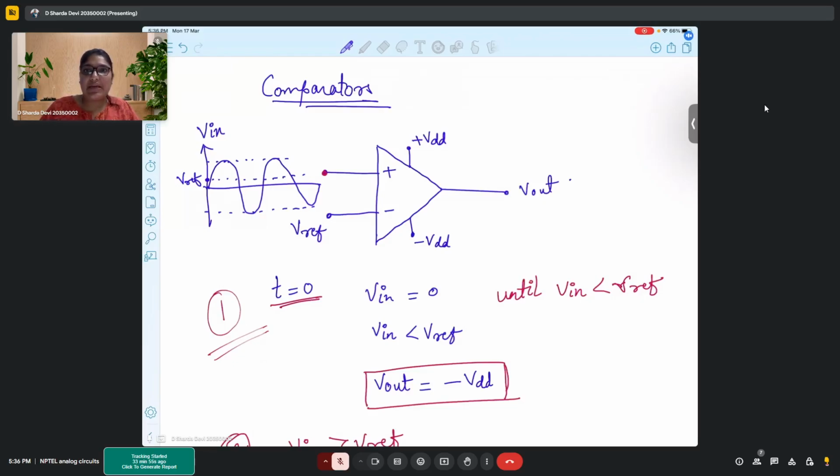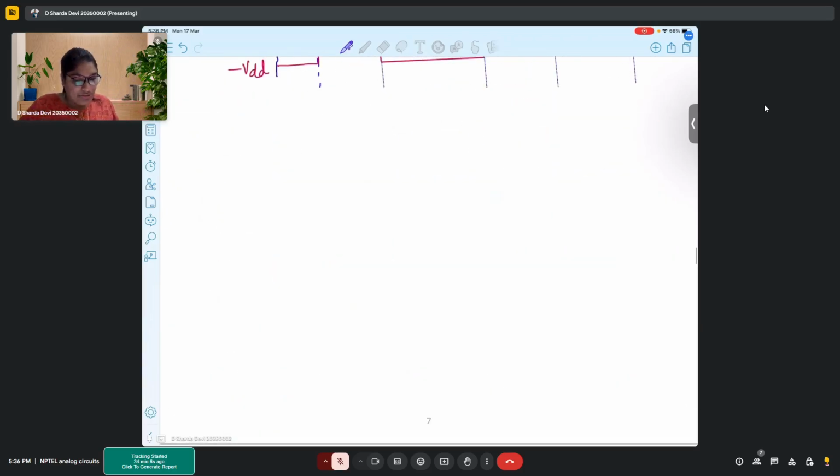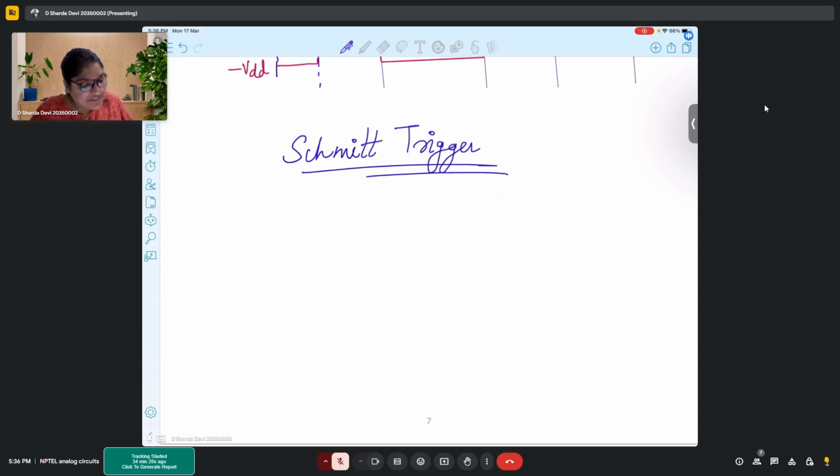We'll see how we convert a Schmitt trigger into a relaxation oscillator. But let's modify this comparator into a Schmitt trigger. That is the idea. So, a Schmitt trigger is nothing but a modified comparator.